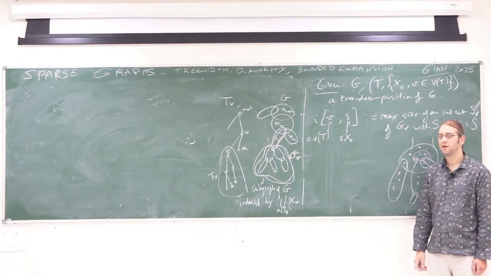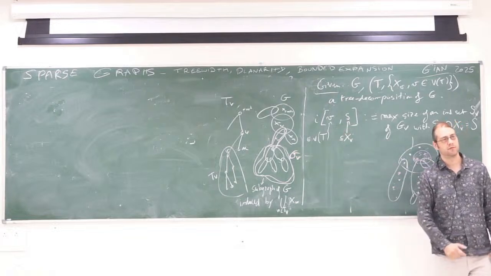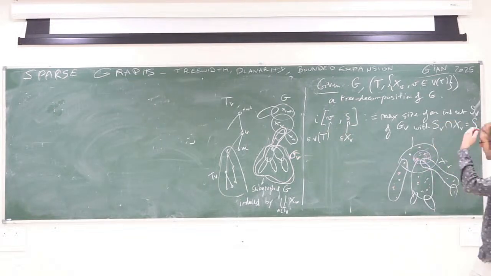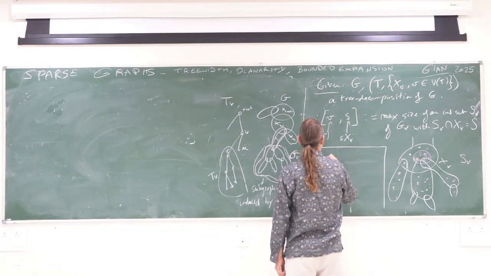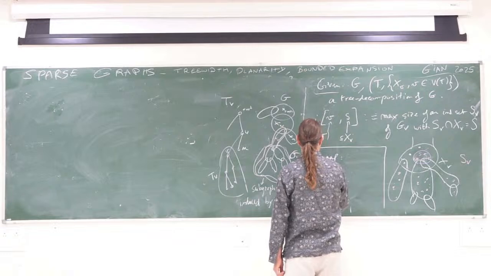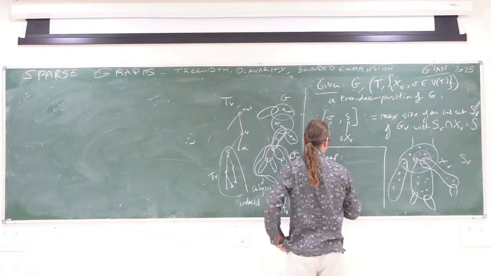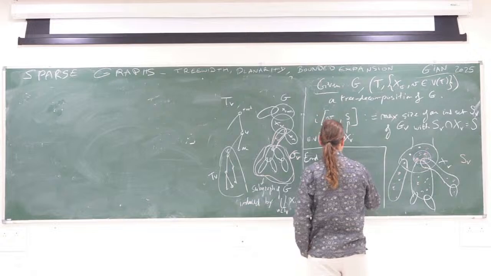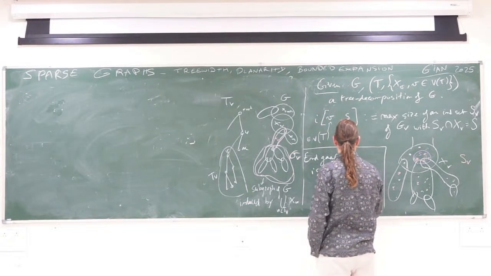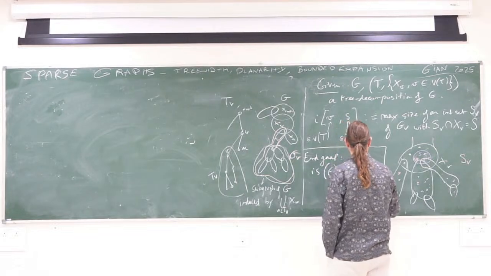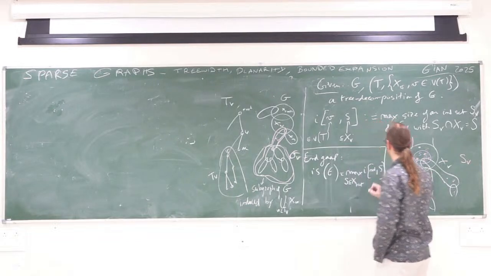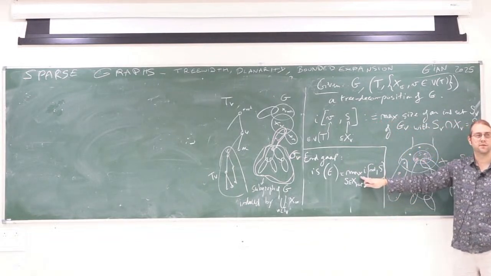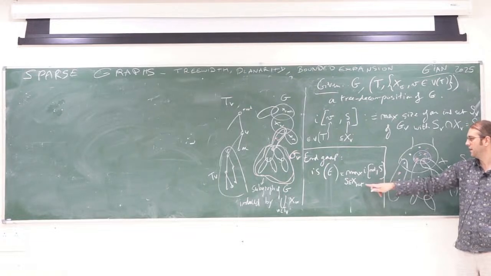So the independent set of G will be the max over S included in the bag of the root of this value.